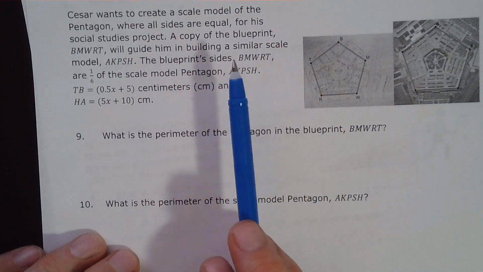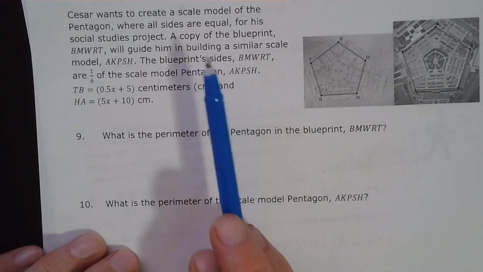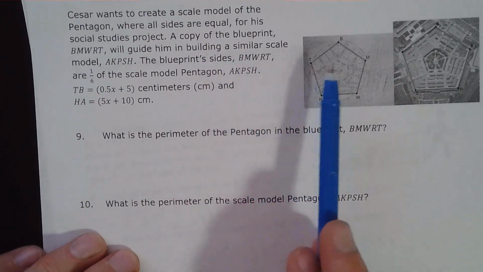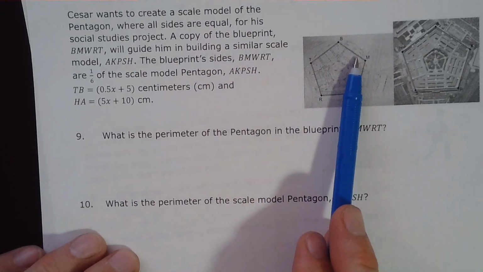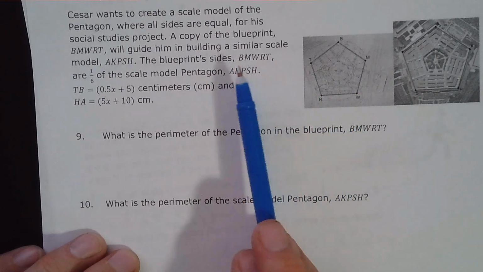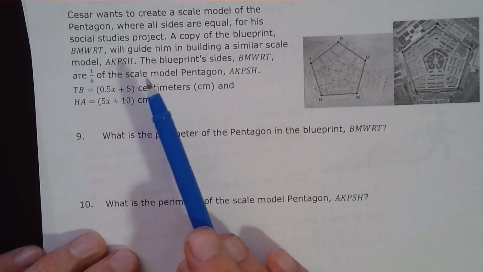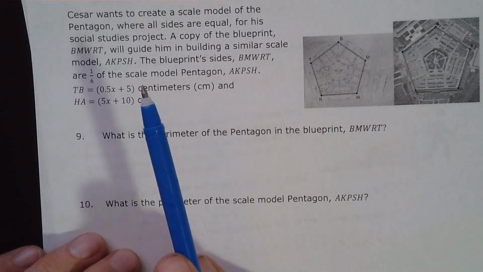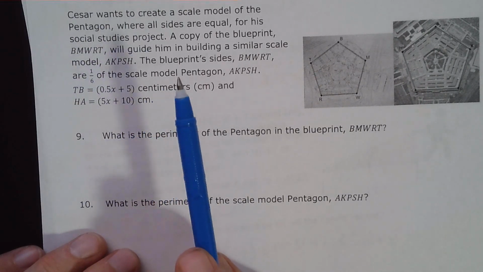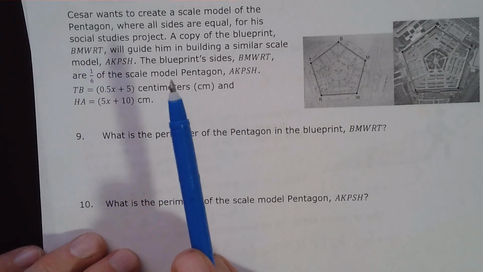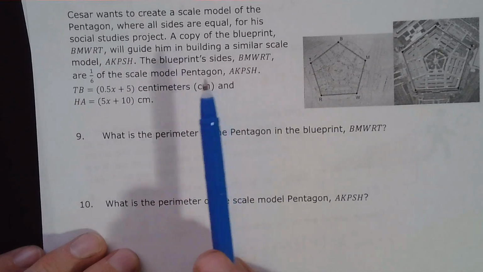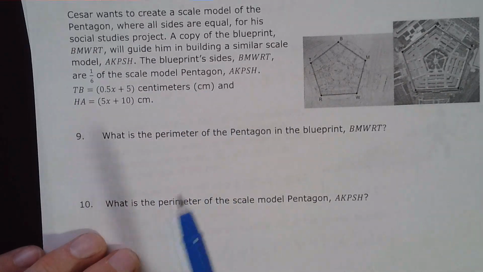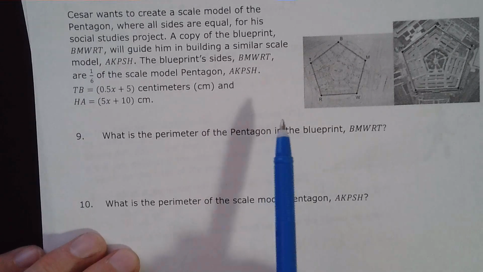Blueprint is this thing, and we're building scale models 1/6 of the scale model Pentagon. Okay, what is the perimeter of the blueprint?